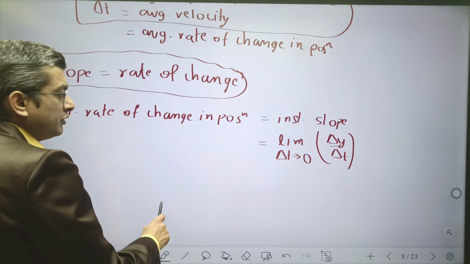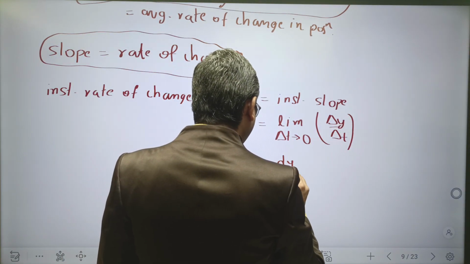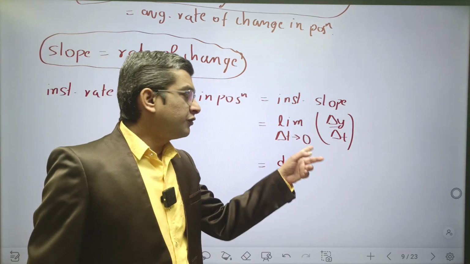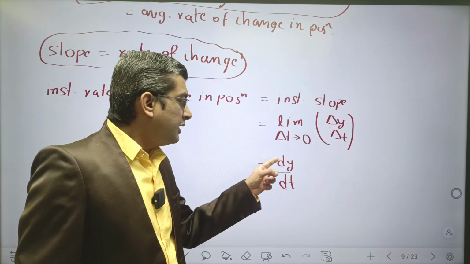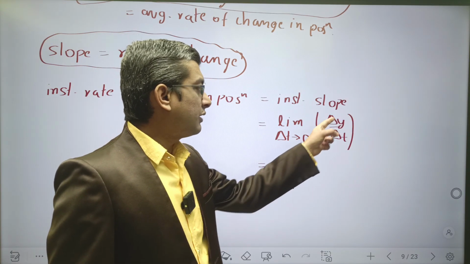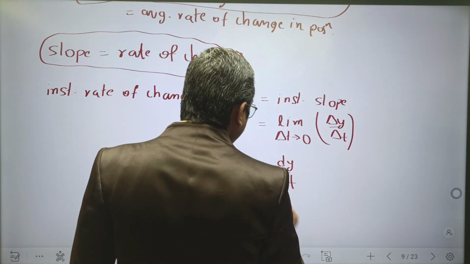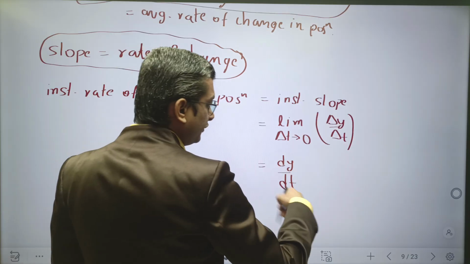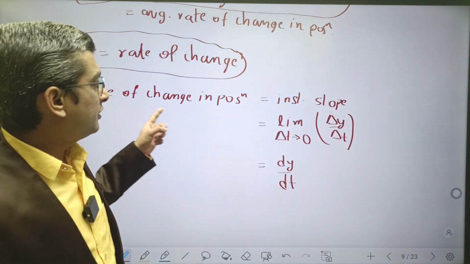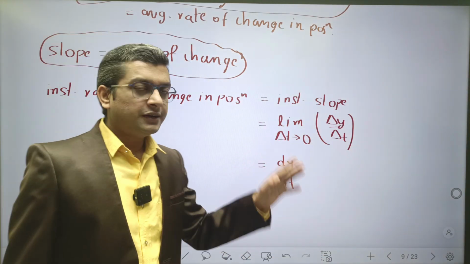And a very important point, this limit of delta y by delta t is given by dy by dt. So instead of writing limit delta t tends to 0, we write dy by dt. What does dy by dt mean? It means limit delta t tends to 0, delta y by delta t, isn't it? So this is giving the instantaneous slope, or you can say instantaneous rate of change in position. Are you getting? So this instantaneous rate of change in position becomes equal to average rate of change in position for delta t tends to 0.